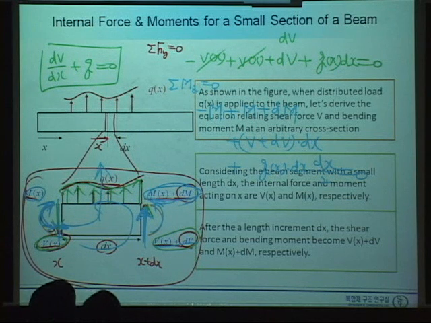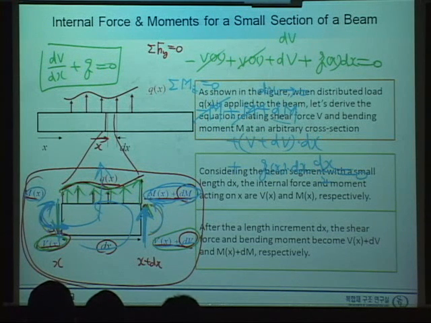Now, while dx is approaching 0, this term simply disappears. If you pay attention to each term, this is dM, this is V dx, this is dV dx, this is dx dx.